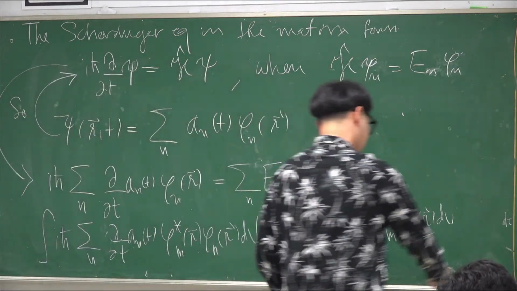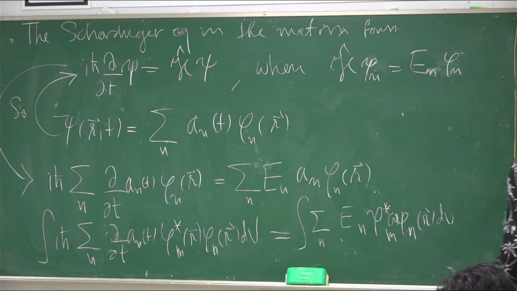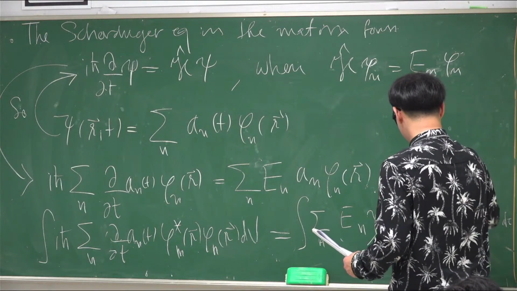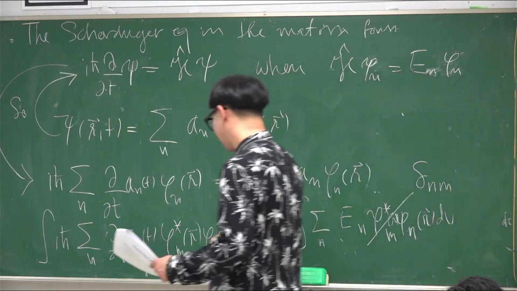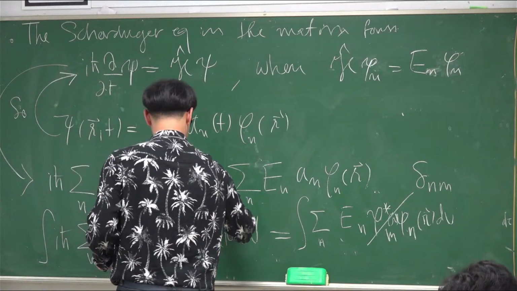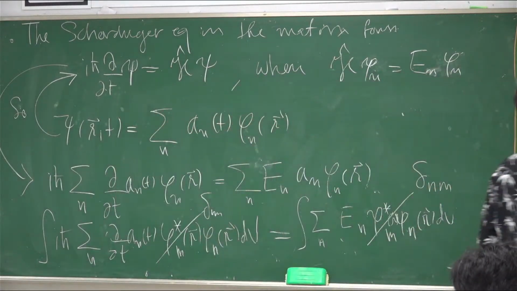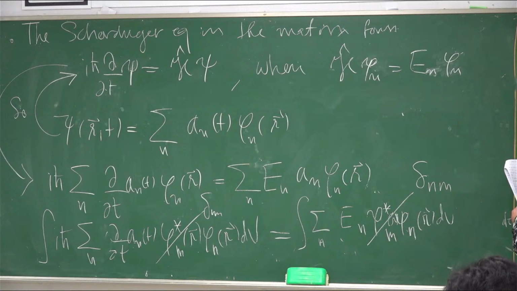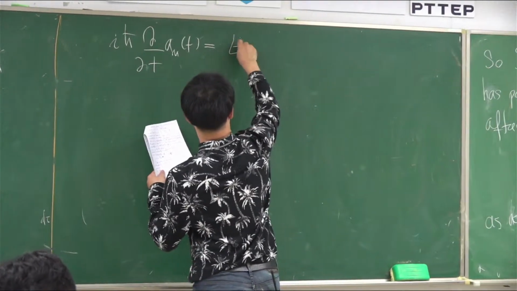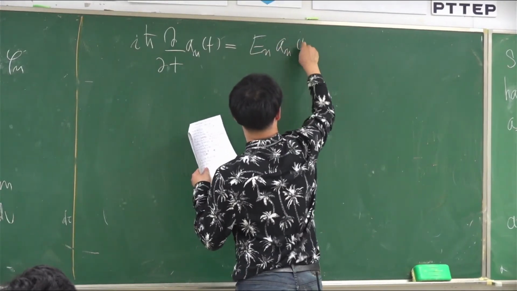And so at the end, what we're going to have is a dynamics equation for the coefficient A, right? So this gives you delta function, Mn. This also gives you delta function, Nm. So what we have now is this equation. Okay.